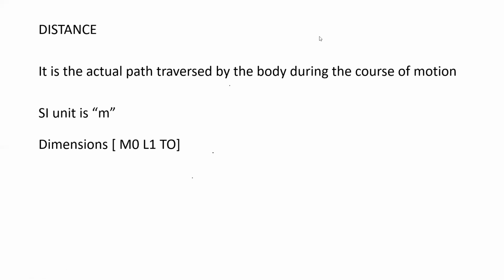For example, if you are moving from your home to the ground, whatever path is covered by the person is called the distance traveled by the body. Here we say that it is the actual path length covered by the body.